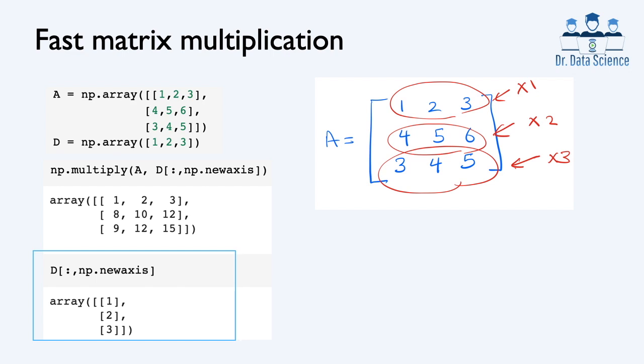So here I created a matrix A, which has 3 rows and 3 columns. You can see the first row of A is 1, 2, 3, the second one 4, 5, 6, and the third row of A is 3, 4, and 5.